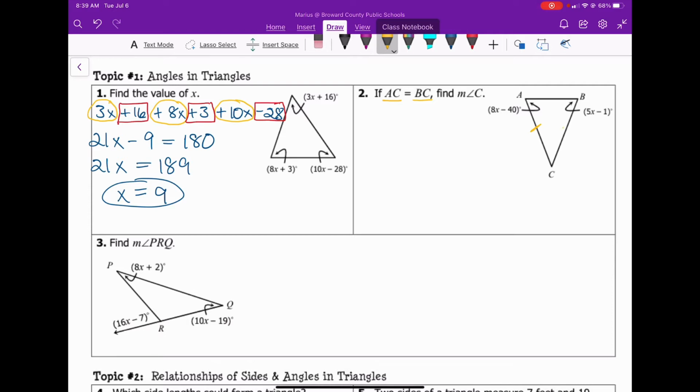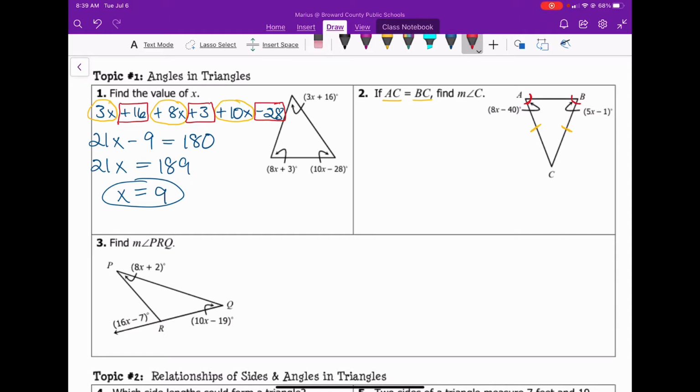These are congruent marks. Now, since they're telling us this, it automatically makes this triangle an isosceles triangle. So what that means as well is that these two angles down here, angle A and angle B, are also congruent. In an isosceles triangle, two sides are congruent and two angles are congruent.